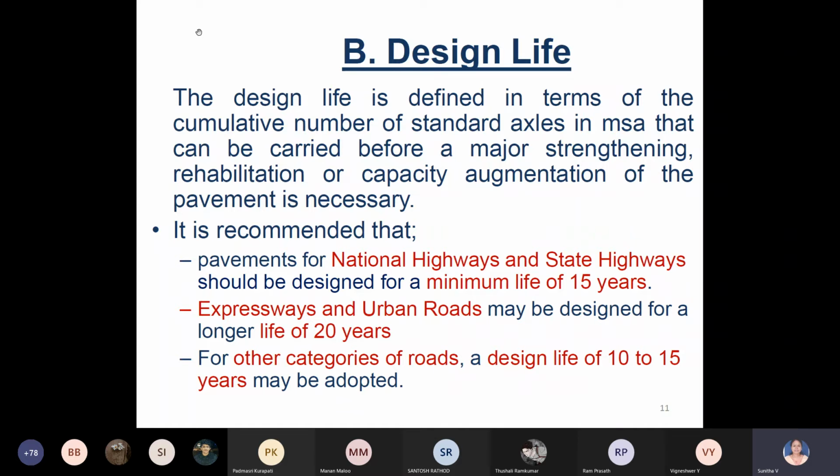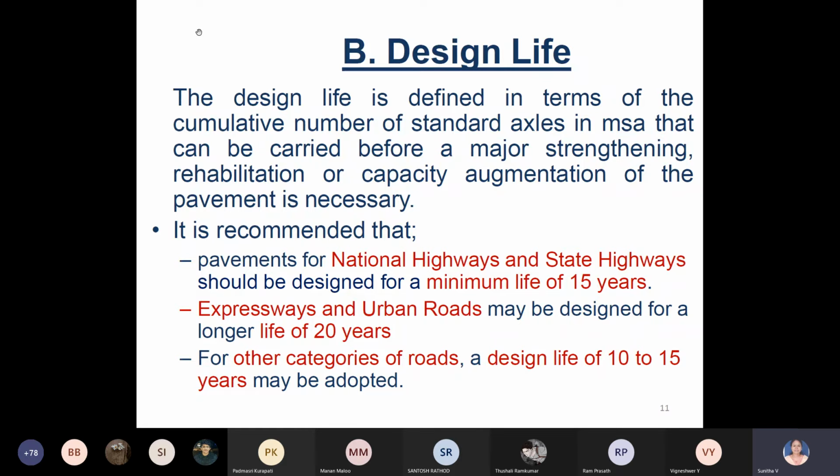If that repair work is just a thin overlay, it won't be considered a major change. If you are doing major strengthening or rehabilitating the pavement, then your age starts from that. Whenever you do any rehabilitation, the age is 0 and starts again from there. Otherwise, for minor repairs and the like, the age is the same.